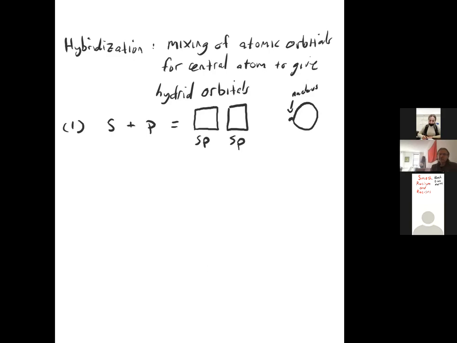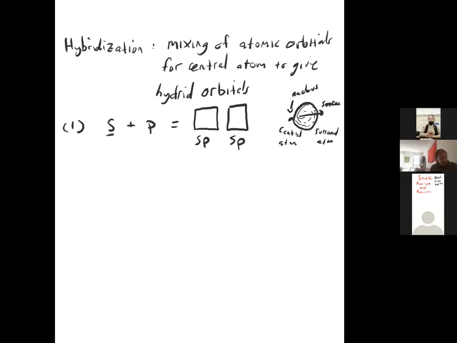Notice how it's only pointing on one side of the nucleus. So imagine this is the nucleus of the central atom. This new orbital called the sp orbital is going to be pointing toward the surrounding atom. So that means it's going to do a good amount of overlap with the orbital for that other atom. And that's essentially what happens.